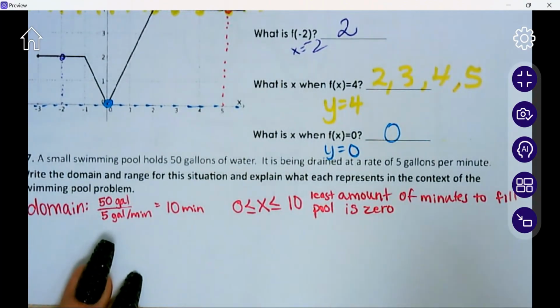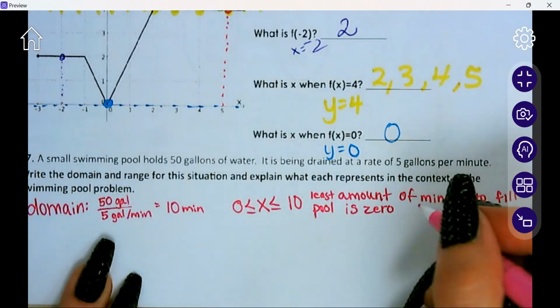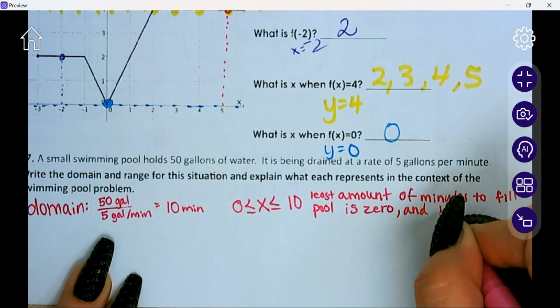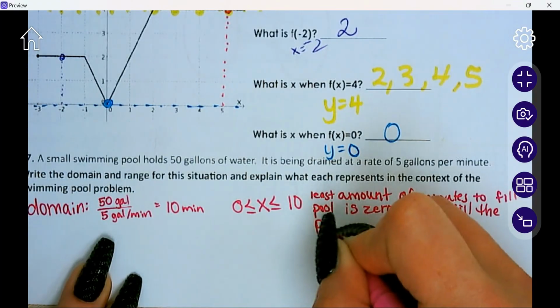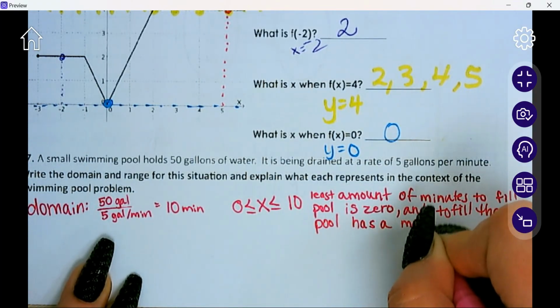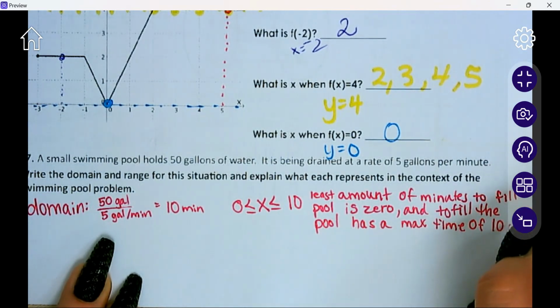We can't have negative minutes. And then, so the least amount of minutes is 0. And the pool has a maximum time of 10 minutes.